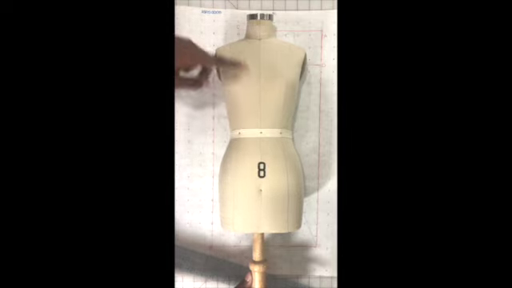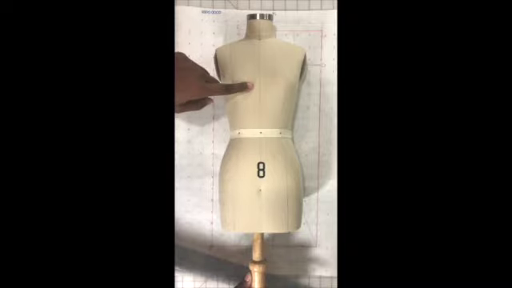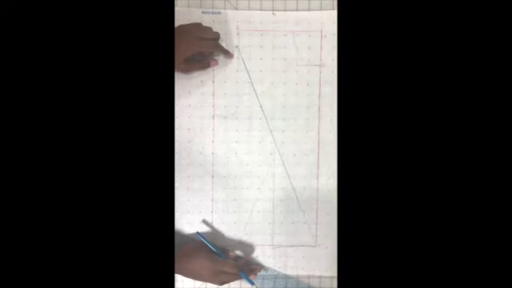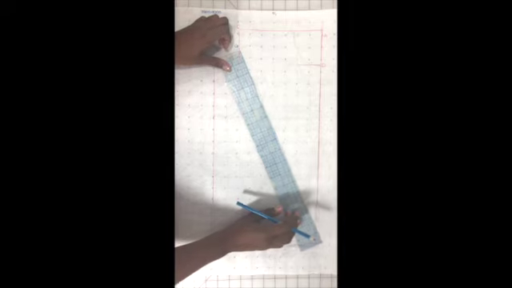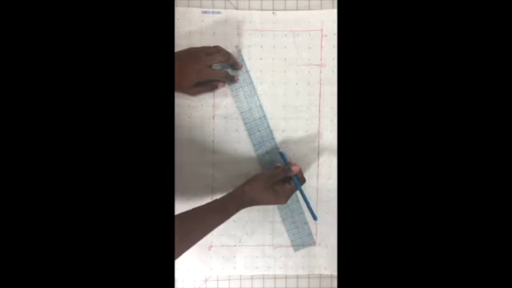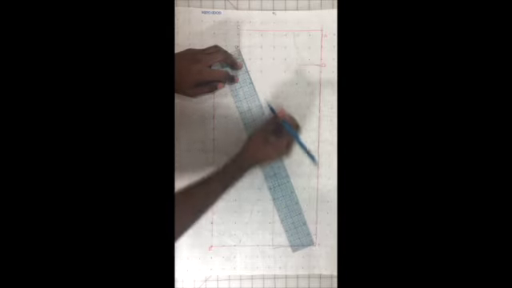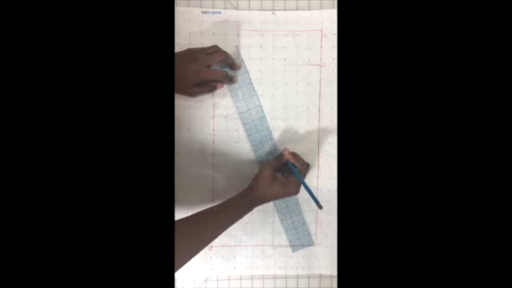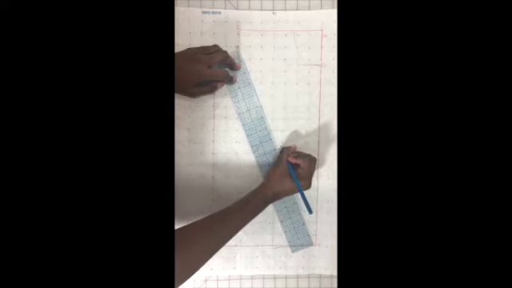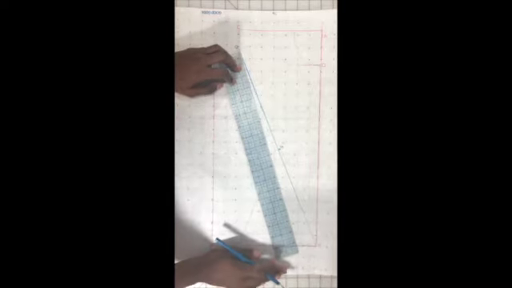And it might seem off, but you'll see as we begin to create the lines what that's going to look like. So for me, that measurement is 9 inches. So I'm going to take my ruler and measure down 9. And at that area, I'm just going to make a little circle, and I'm going to mark that H.